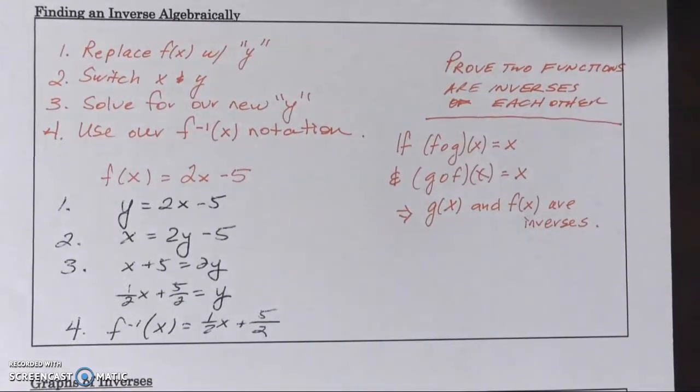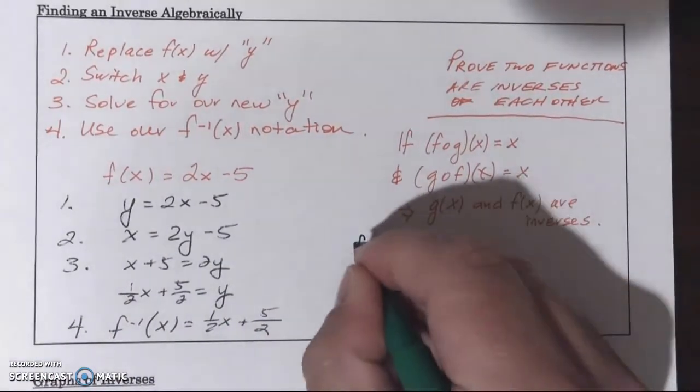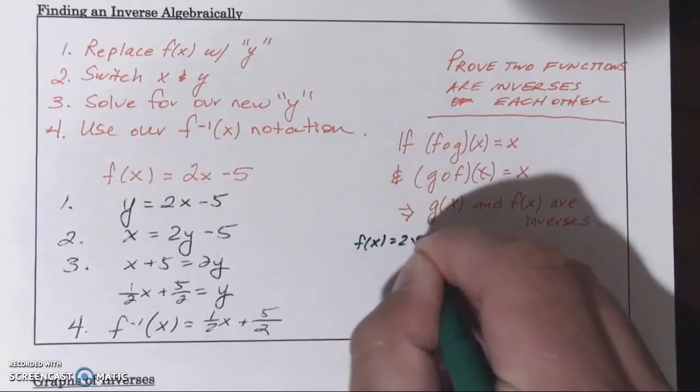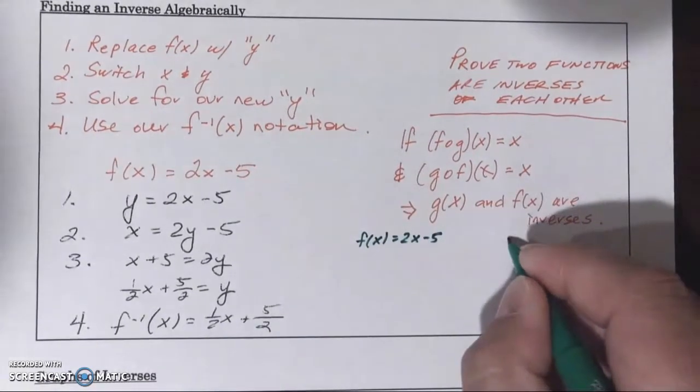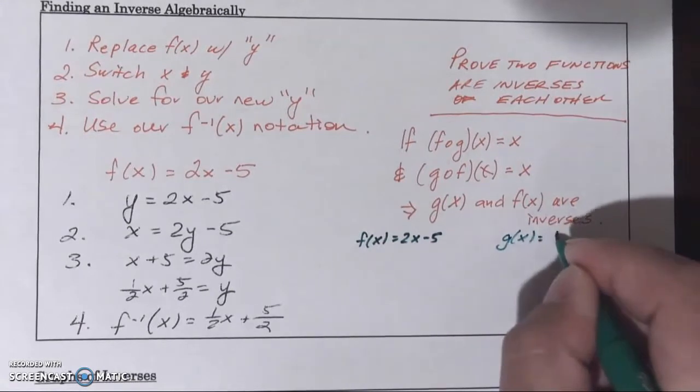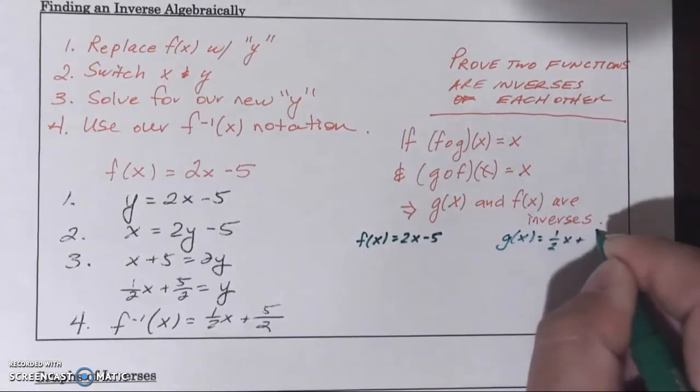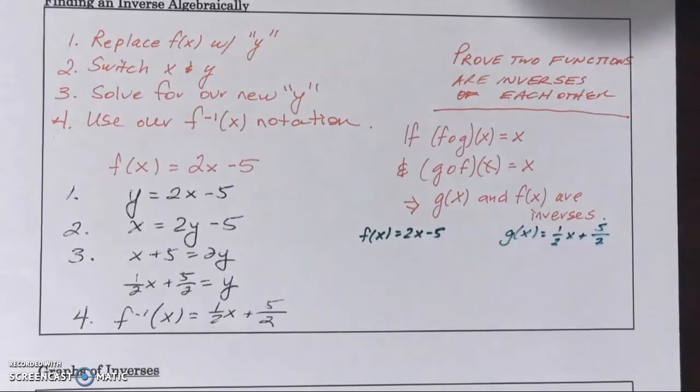All right. So let's prove that these are inverses. Okay? The same two functions. We'll stay with f of x equaling 2x minus 5. And we'll say that g of x equals 1/2 x plus 5 over 2. And we're going to do both composite functions.